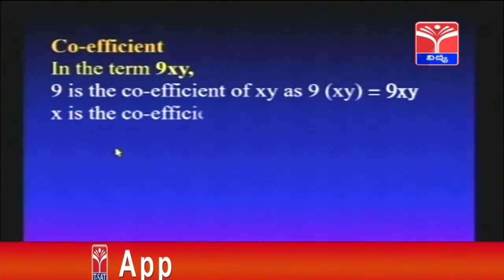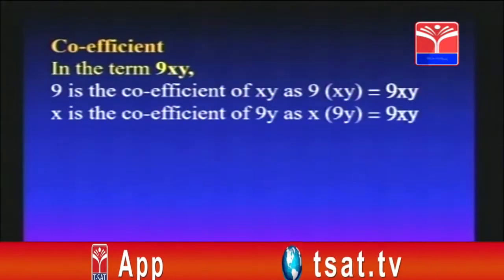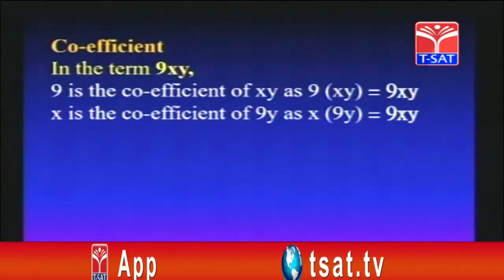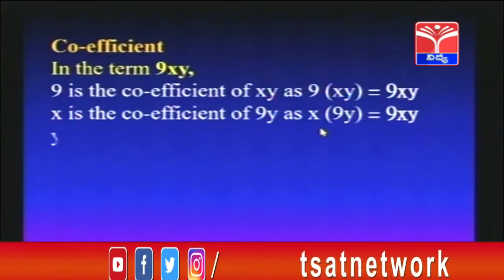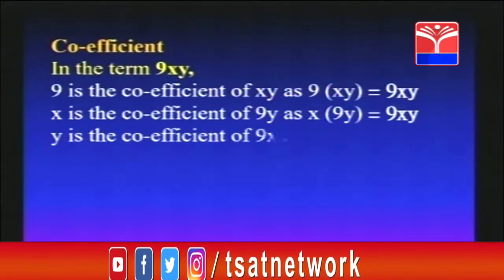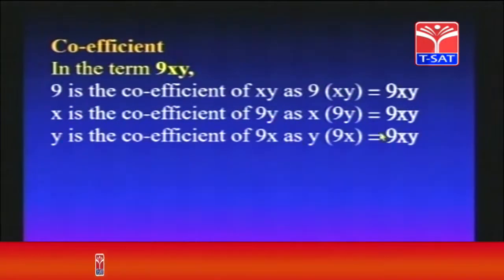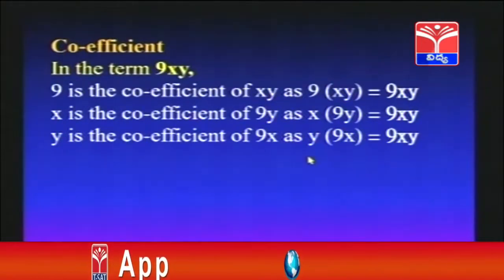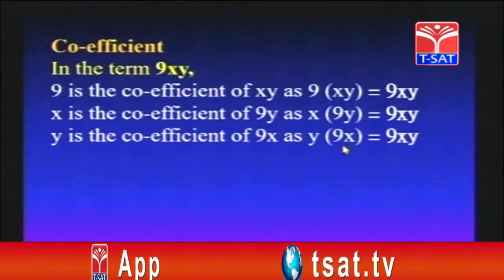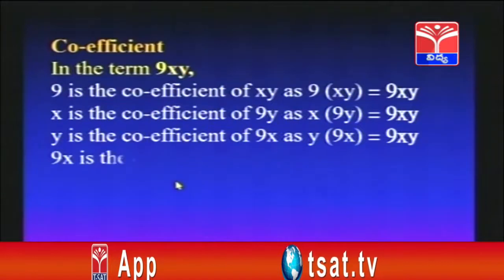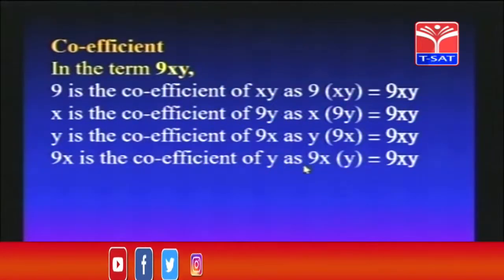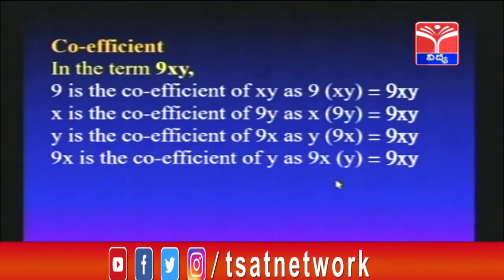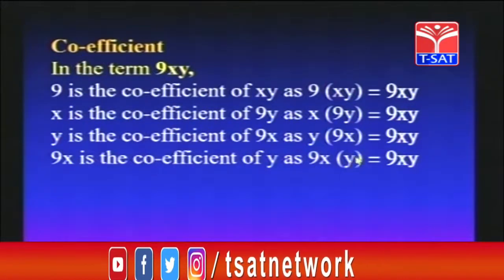Next, x is the coefficient of 9y, as 9xy can be written as x into 9y. Next one, y is the coefficient of 9x, as 9xy can also be written as y into 9x.